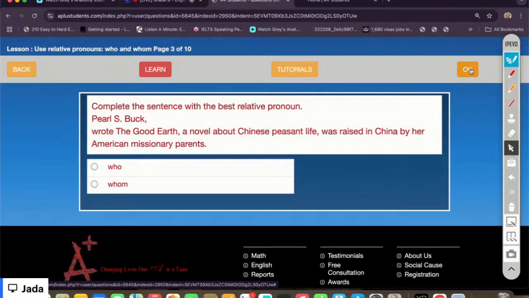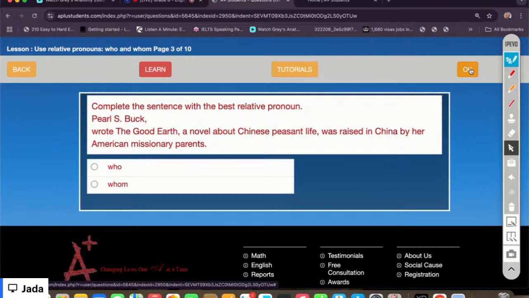So we have Pearl S. Buck wrote The Good Earth, a novel about Chinese peasants' life, who was raised in China by her American missionary parents. So what? Who or whom?